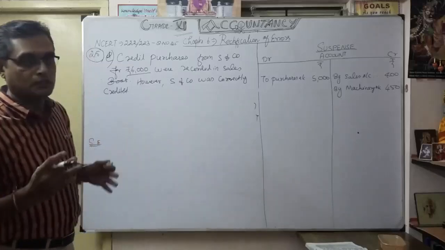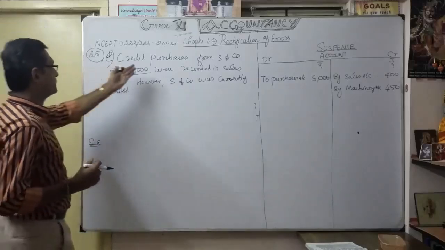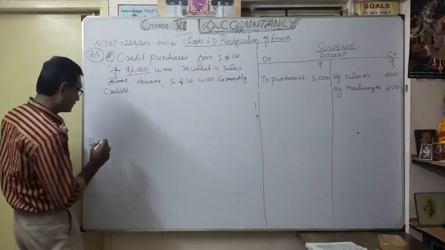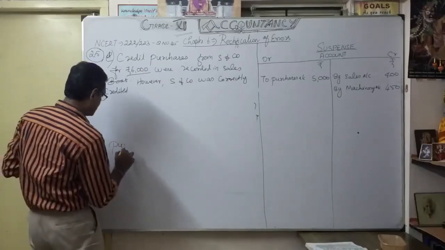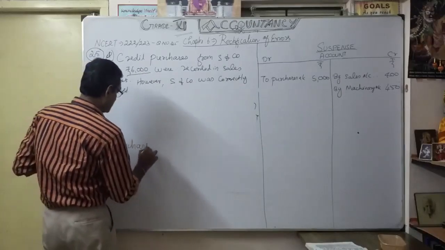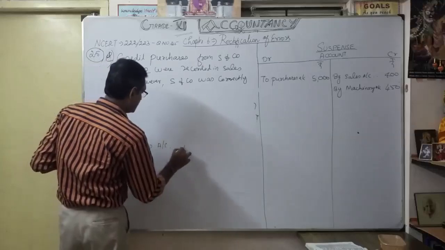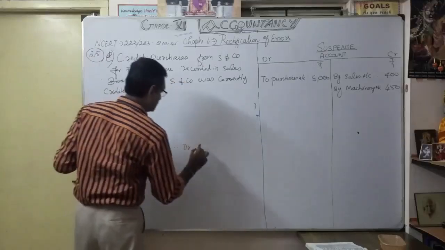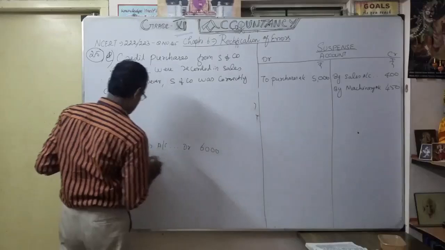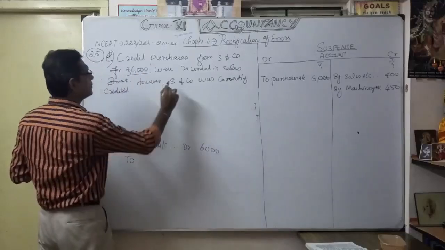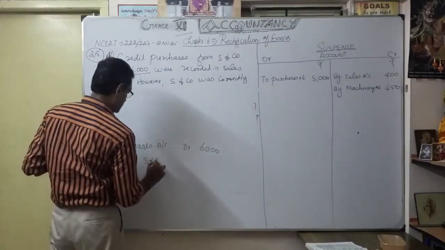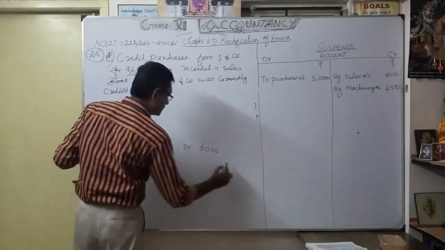Credit purchases from S and Co 6,000. The entry is: Purchases account debit 6,000, to S and Co 6,000.